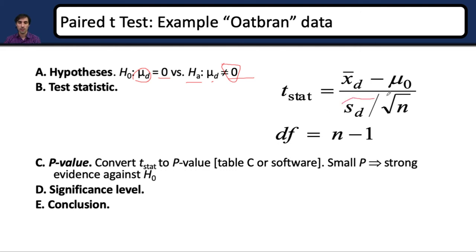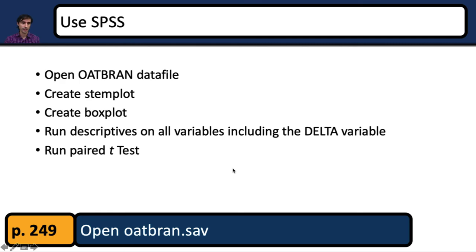Then we find our standard error of the mean, which is the standard deviation of the differences divided by the square root of our n. Then we convert to a p-value using table C or software, and determine whether that p-value is smaller than our alpha. Then we find the conclusion. So let's go ahead and give this a shot.